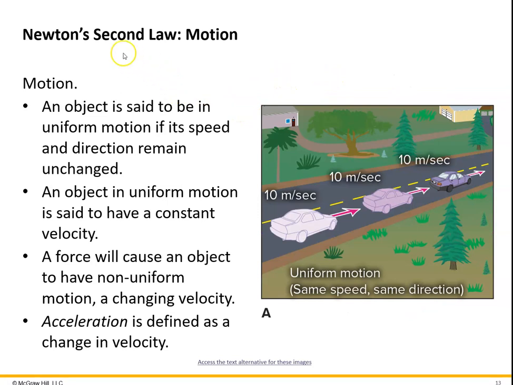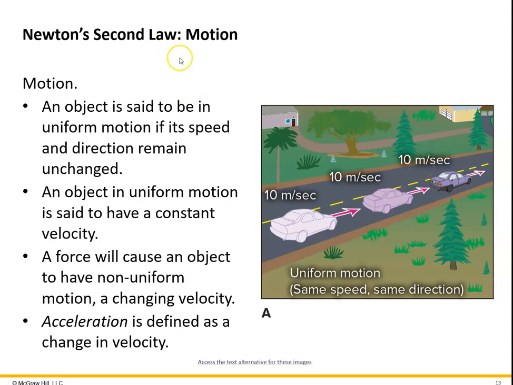Now, this is what I was thinking about earlier when I was talking about Newton's laws. The law says that an object will continue in straight line, uniform motion, unless an outside force acts on it.